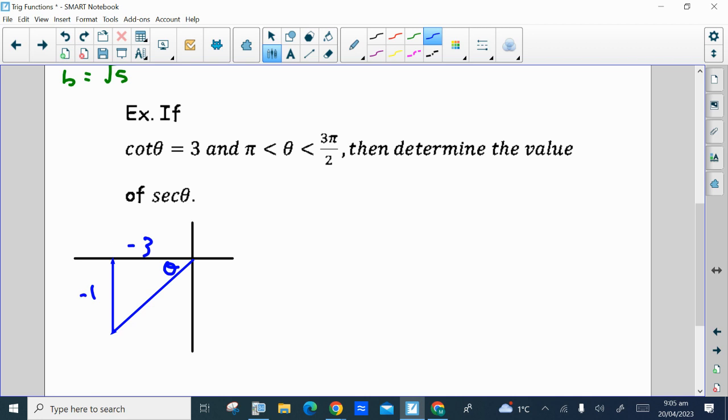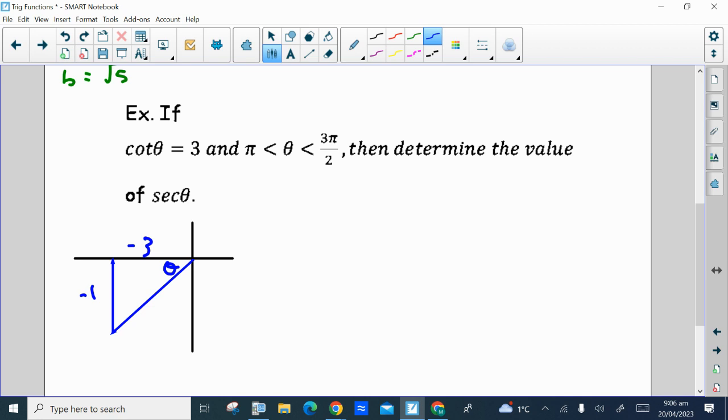And in this case, they both must be negative because from the origin you're going left, that makes the 3 negative, and down makes the 1 negative. Again, the length of those sides are not negative, but because you're going left and down, they're both negative, which again will make sure that the CAST rule is satisfied.